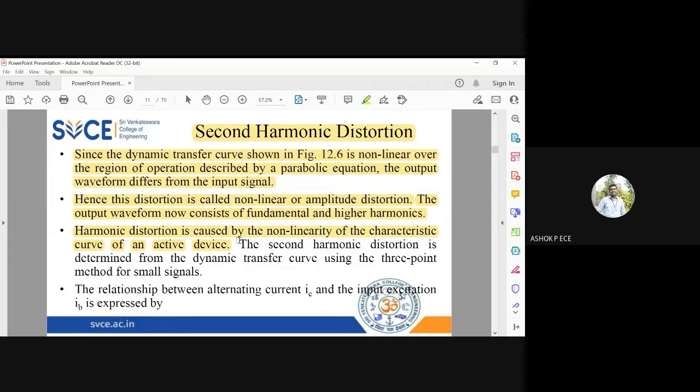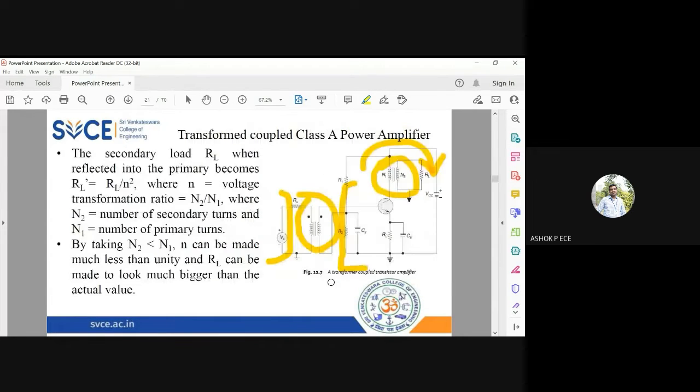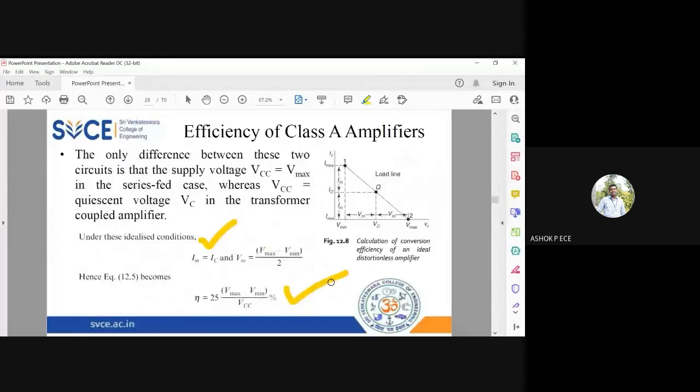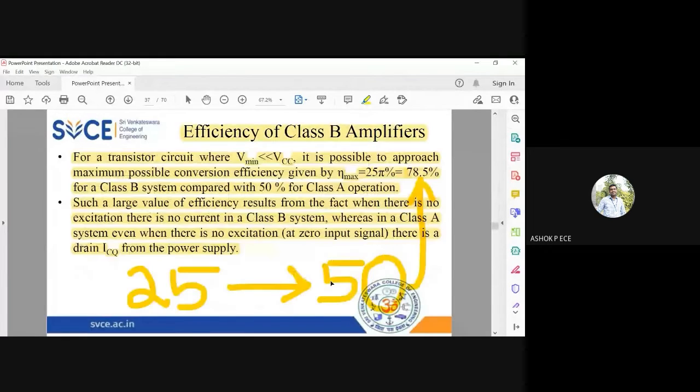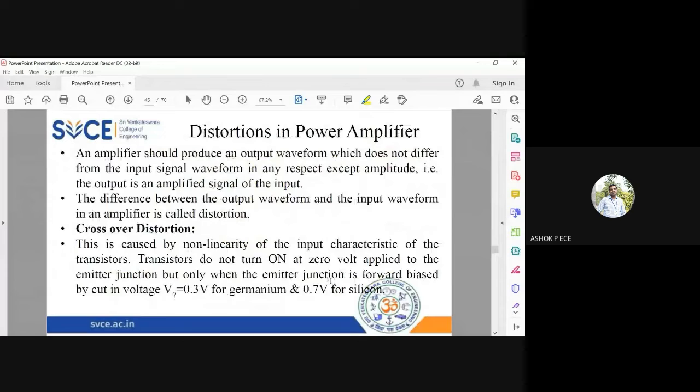So the second harmonic distortion is determined from the transfer curve using three points. Second harmonic distortion plays a very major role in the distortion, so we are going to find out its value. See, in the class B push-pull amplifier, the second harmonic distortion is cancelled out completely, right? So we have only third harmonic distortion.